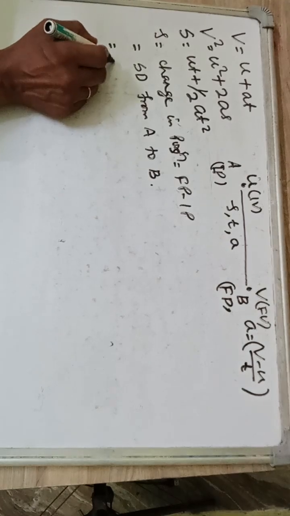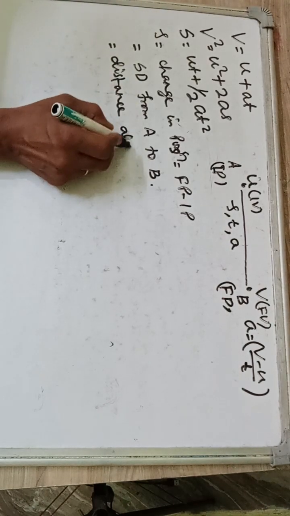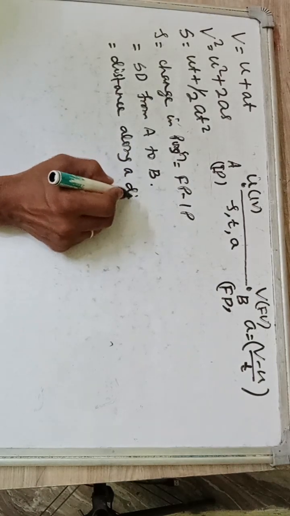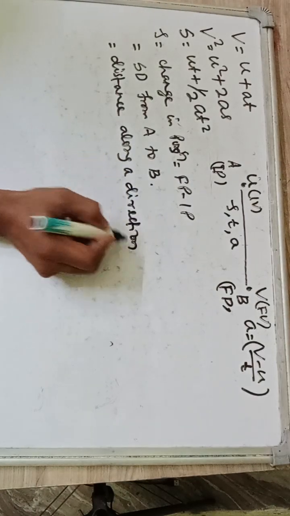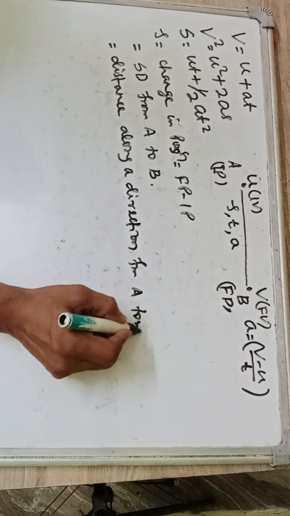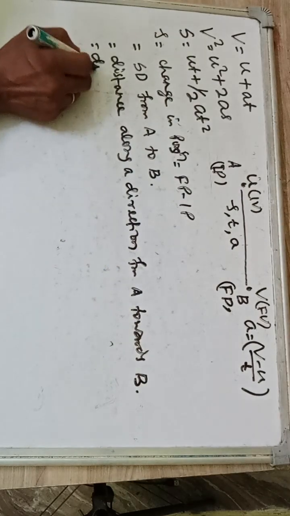This is the distance along a particular direction from A towards B. This is our displacement.